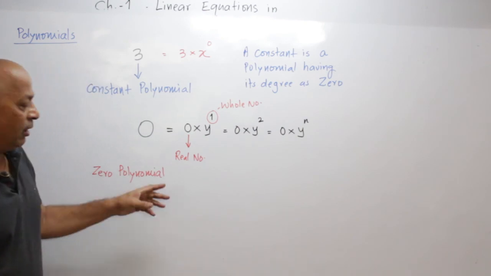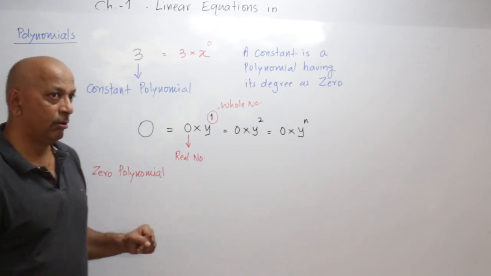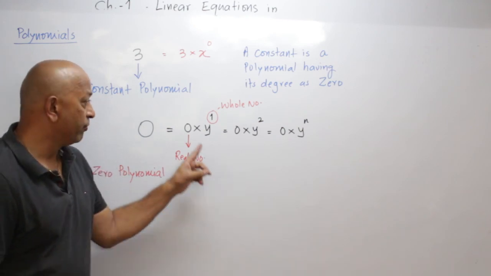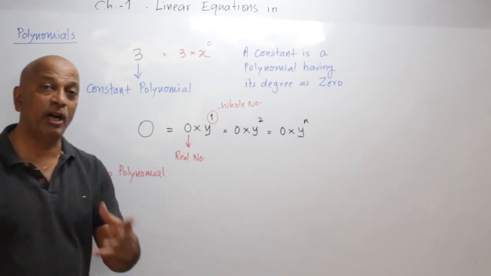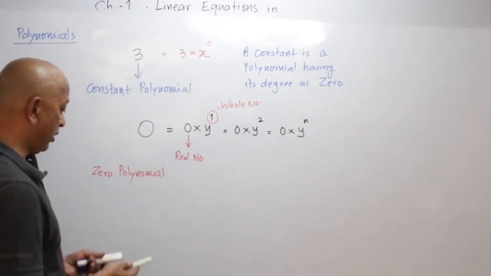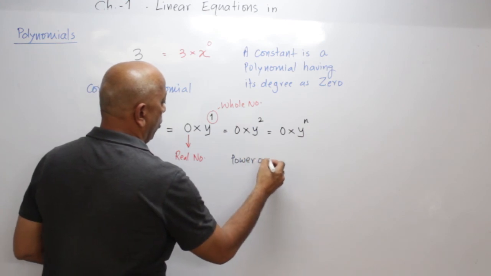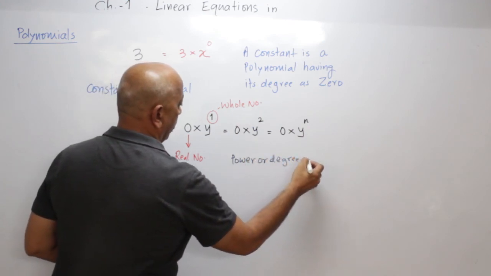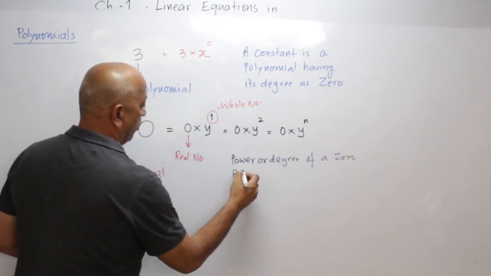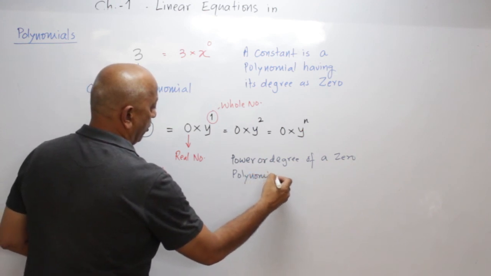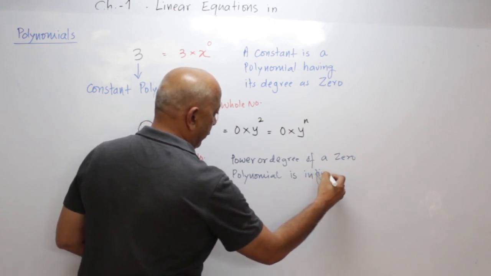Correct? आता मला सांगा झिरो पॉलिनॉमियलची पॉवर काय असते? God knows, because we know that the constant is 0, but the variable power can be 1, 2, and anything. So we can say the power or degree of a zero polynomial is infinity.